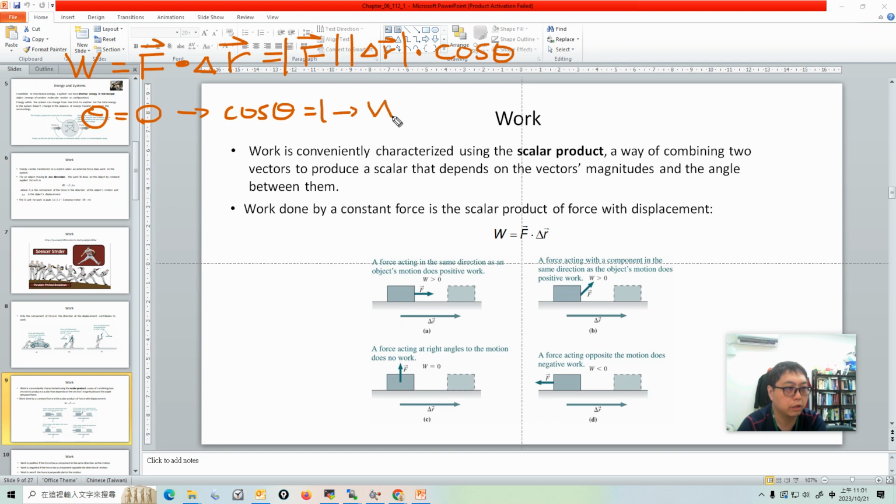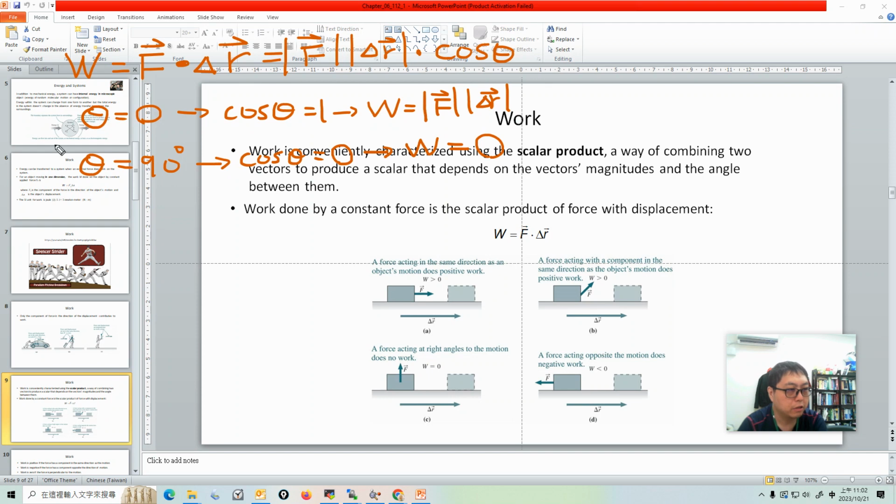So your work is just the magnitude of force times the magnitude of displacement. In the other extreme case, if force and displacement vectors are perpendicular to each other, cosine theta is equal to 0, so this force does not do work.